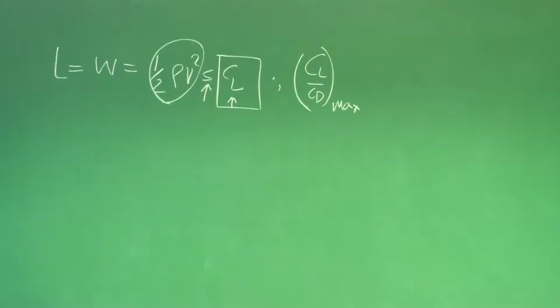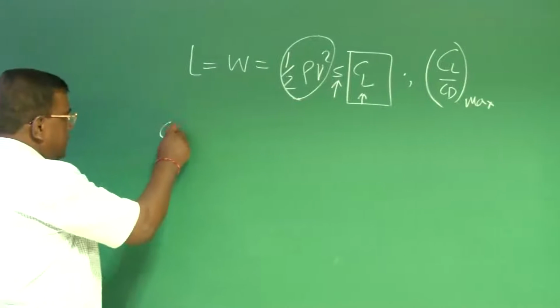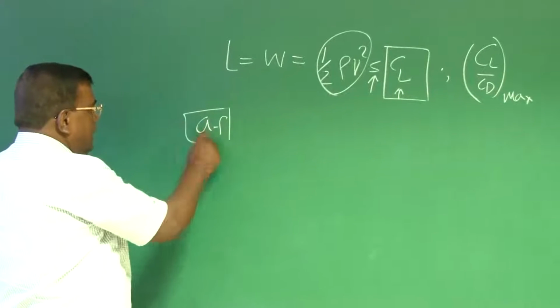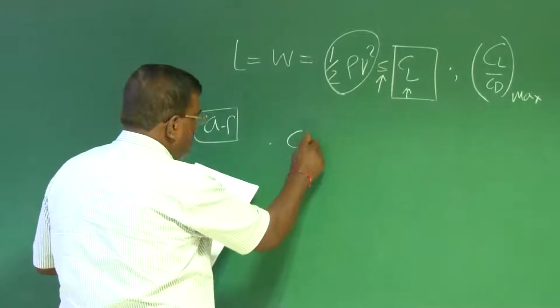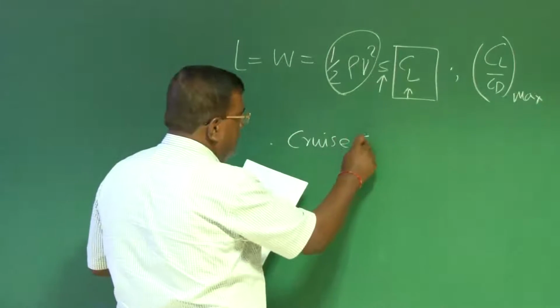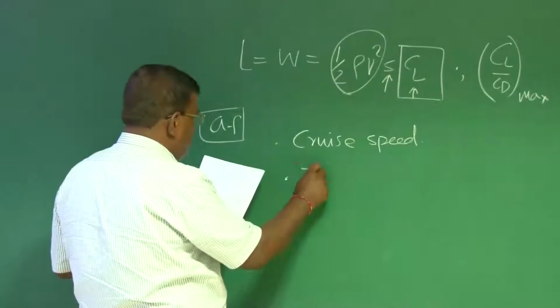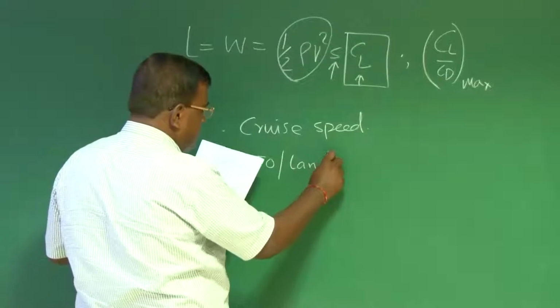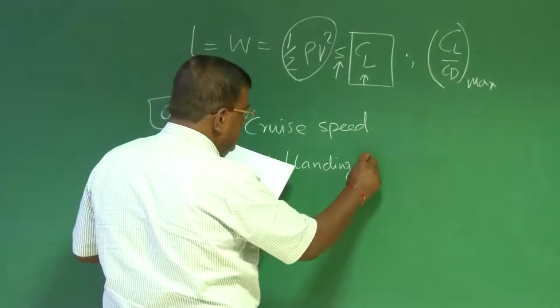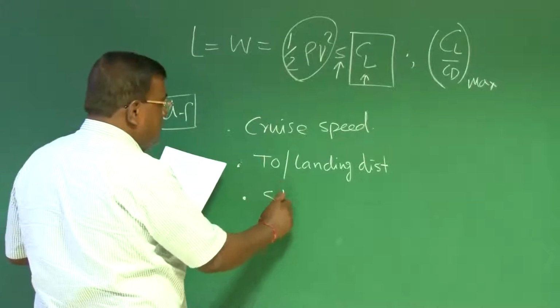So if I try to summarize as far as airfoil selection is concerned, loosely I can say I need to know the cruise speed at which I am going to fly the machine. I need to know the takeoff and landing distance required, and also the stall speed.